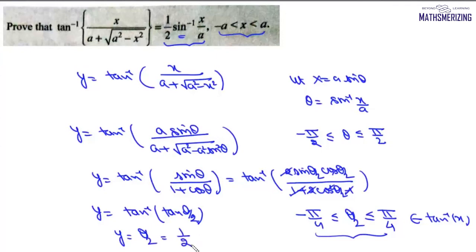So it'll be 1 by 2, and then theta in this case is sine inverse x upon a. So it'll be 1 by 2 sine inverse x upon a, and we'll need to find the condition for x also. Now since x is a sine theta, the maximum and minimum value of sine theta is plus or minus 1. So this x should lie between minus a and plus a, both inclusive. So with the equality sign, it is true, and without the equality sign also, it is true. So this is how we prove simplification problems.